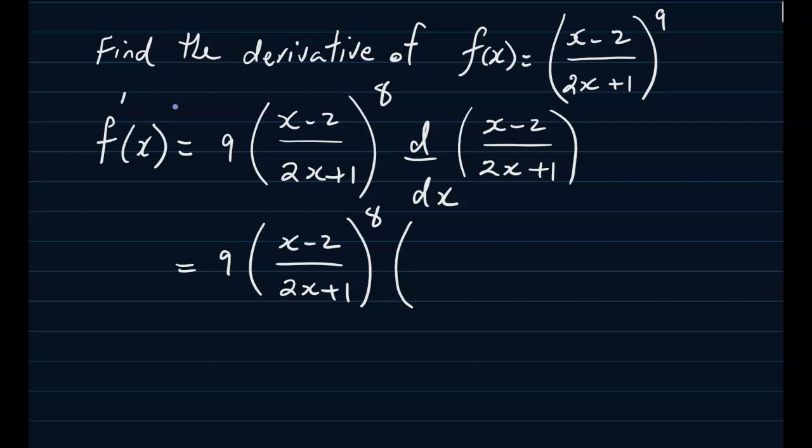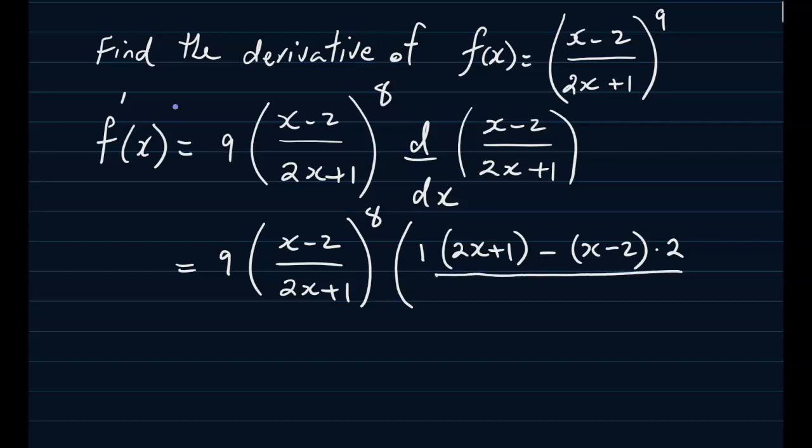So derivative of x minus 2, that's 1, times 2x plus 1, minus, and then you leave the top alone, and then derivative of the bottom, times 2, and all of that divided by (2x plus 1) squared.